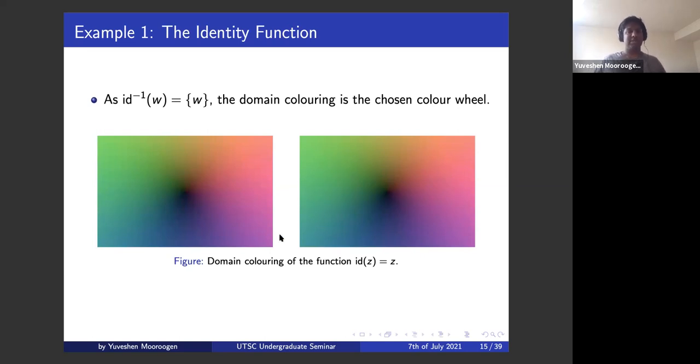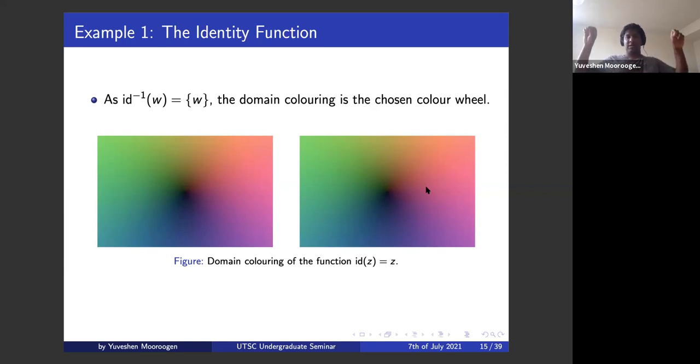So the first example I want to consider is the case of the identity function. By identity, I mean the map that takes Z in the domain and spits out Z. So it just takes a point to itself. If you take some point in the codomain, you can imagine that its pre-image under that map is necessarily just that point itself.